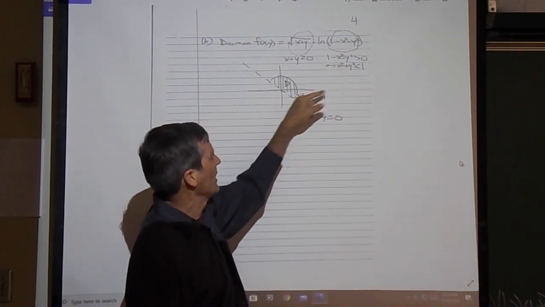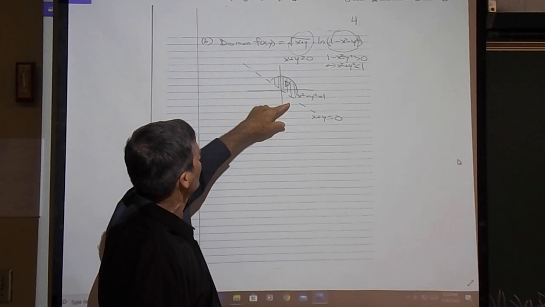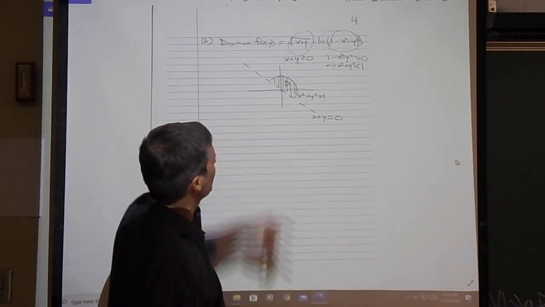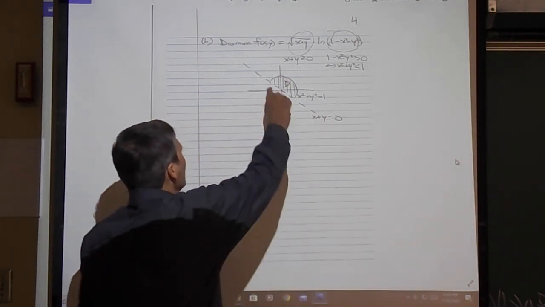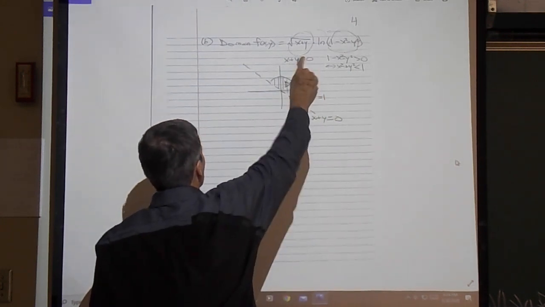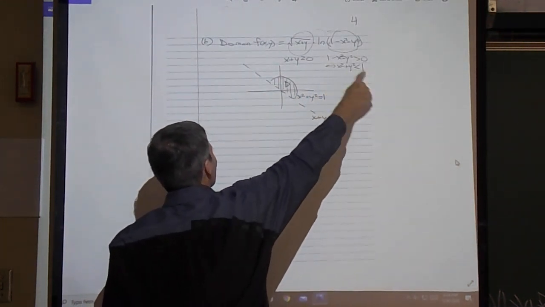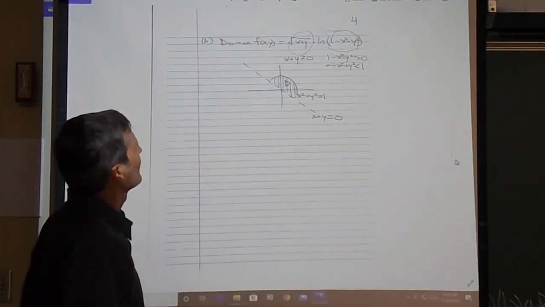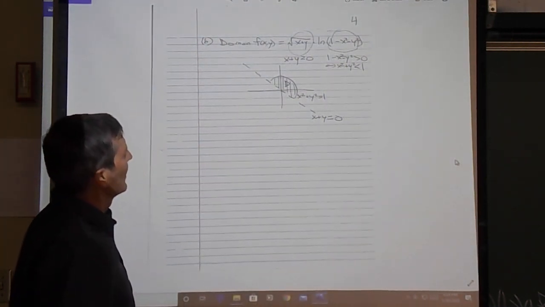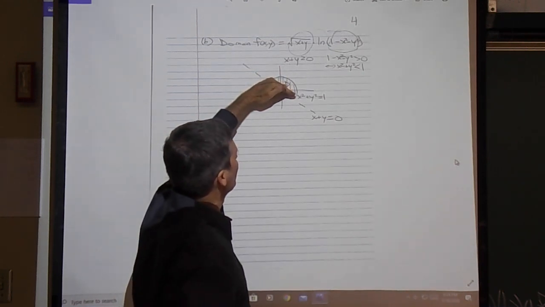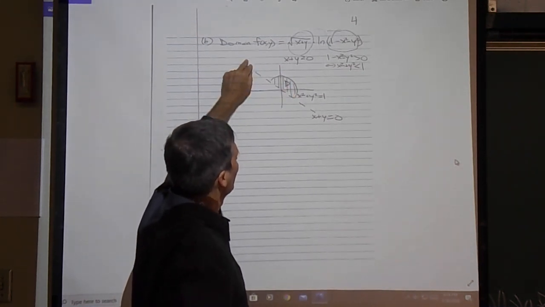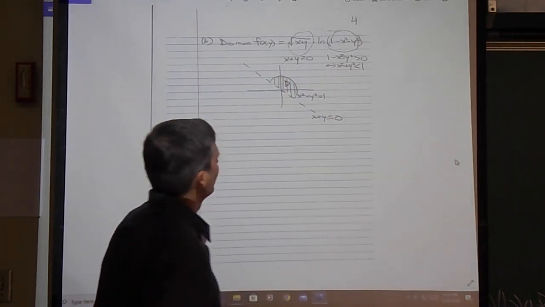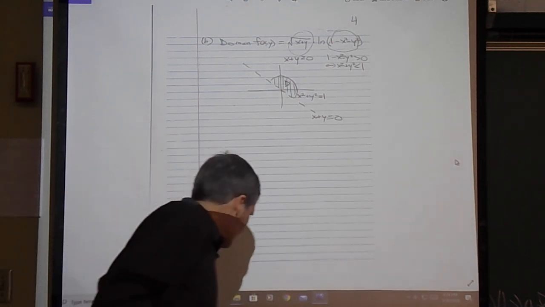So that's the open disk, actually. And I should have sketched it that way. I drew it backwards here. I need to fix it. This should be a solid line because it includes equal, and this should have been dotted because it's supposed to be less than 1. So solid here and dotted here. And then the domain of this function is what's inside the unit disk on this side of the dotted line.